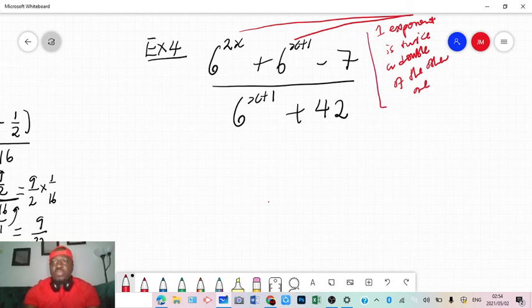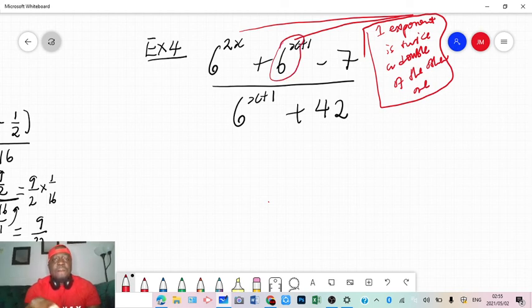That is what I want you to pay attention to. One exponent is twice or double of the other exponent. So if you can see, this is 6 to the power x, but this is twice of this one, 6 to the power 2x.